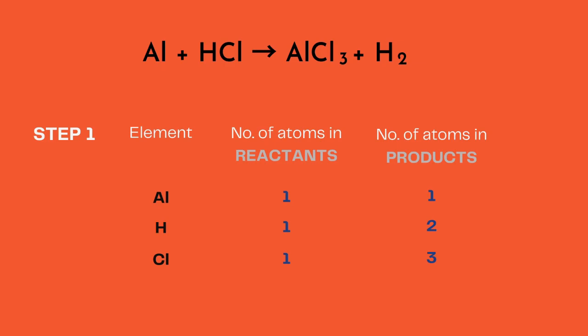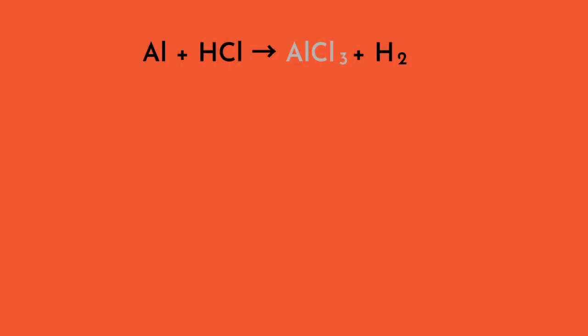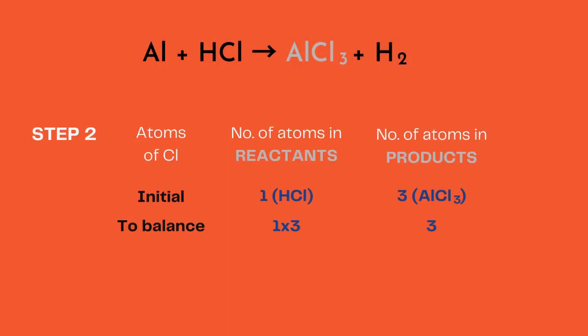So how do we balance this? What we do is we take the highest number of atoms in this reaction, AlCl3, in which Cl3 has the highest number of atoms. So we try to balance Cl first. So step 2, number of atoms of Cl in the reactants. Initially it's only 1 in HCl, but then in the product it is 3 in AlCl3. Now how do we balance it?